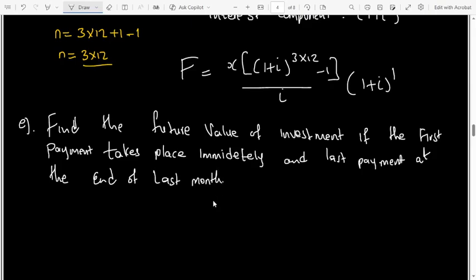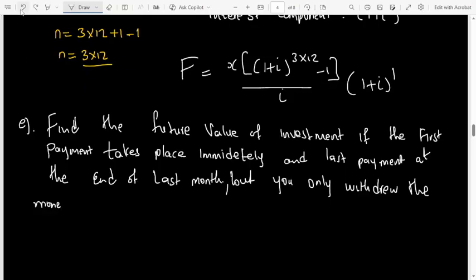Right, so since it is the end of the last month, but you only withdraw the money after 4 years.